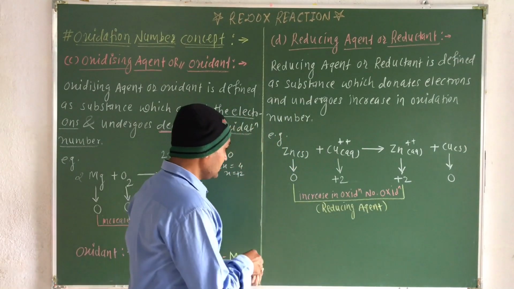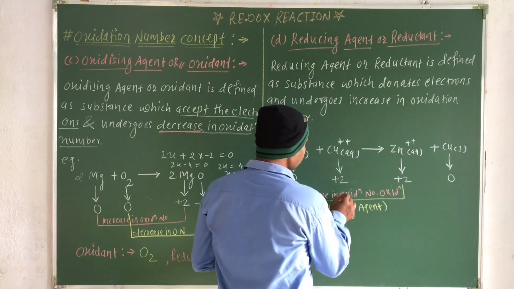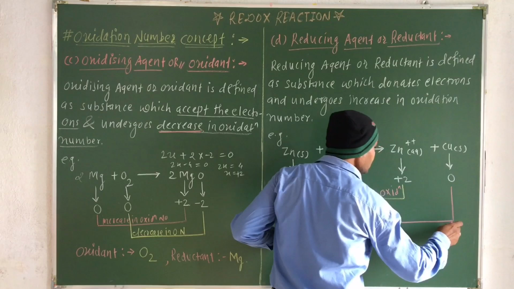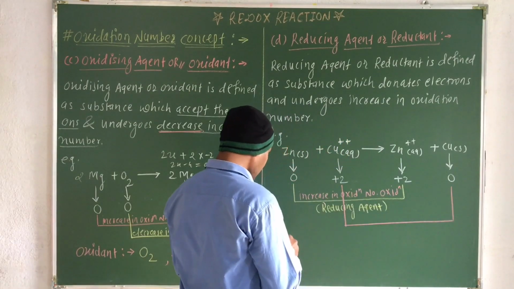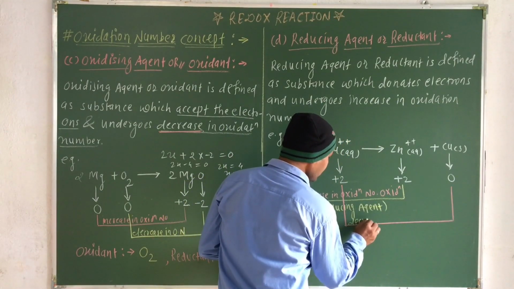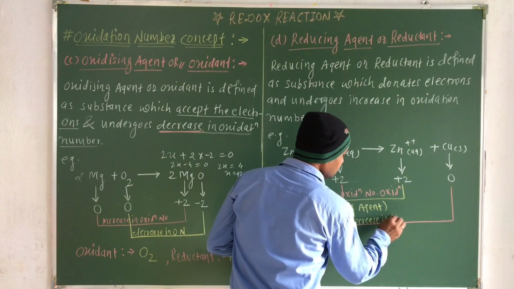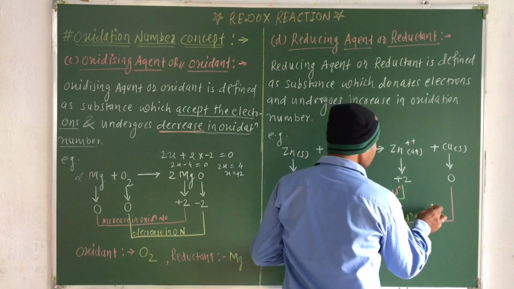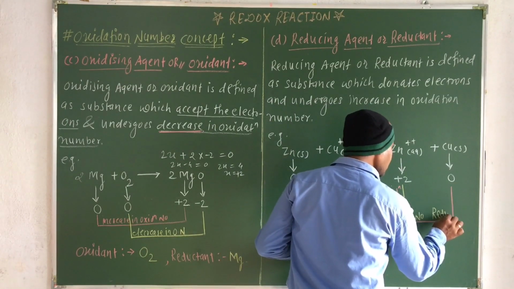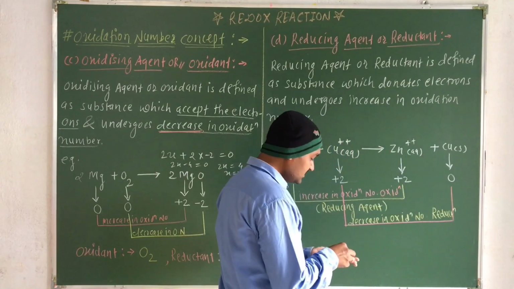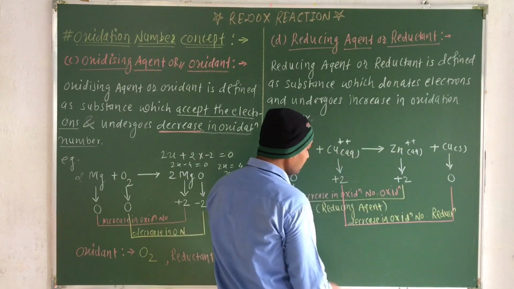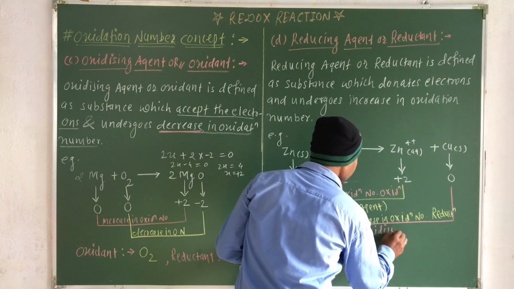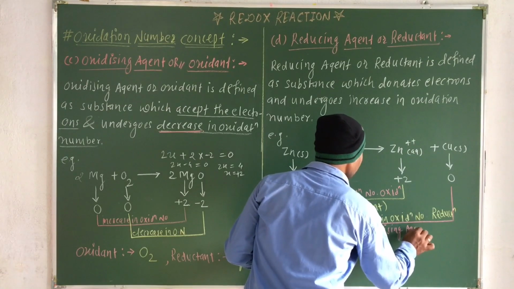Exactly opposite. Now here we know that oxidation number changes from +2 to 0, so as we know there is a decrease in oxidation number, so obviously this is nothing but your reduction reaction. If this is a reduction reaction, then that will be your oxidizing agent, so it will act as an oxidizing agent, or you can call it an oxidant.